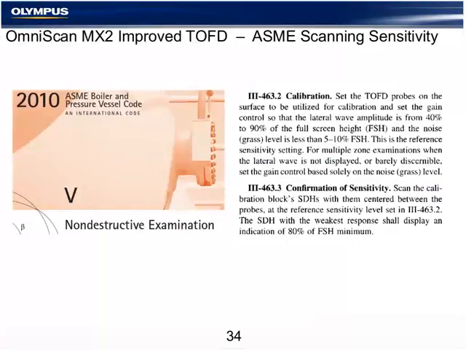Our scanning sensitivity or details will be regulated typically by the codes. In the ASME Section 5 code, it specifically tells us how to set the scanning sensitivity. It has a lot of latitude for the user to develop their own technique for what works best in one situation.